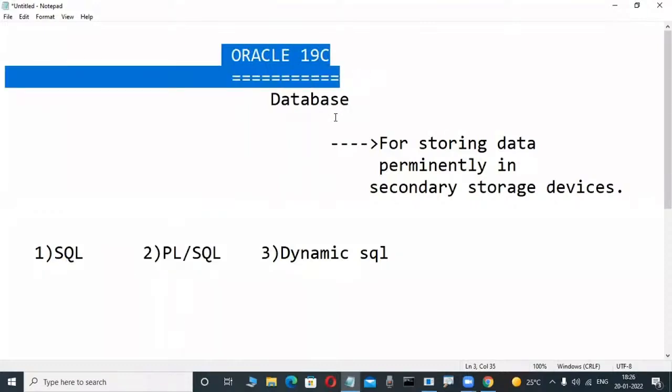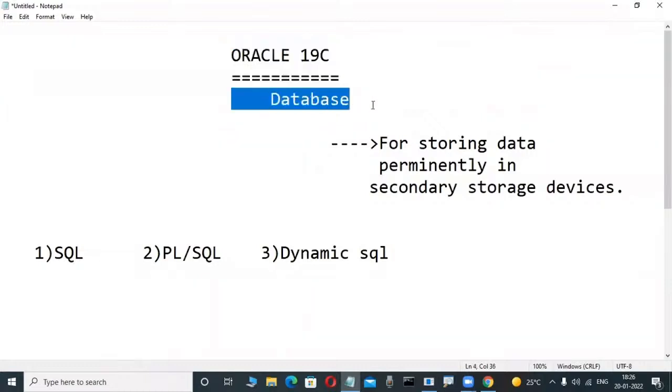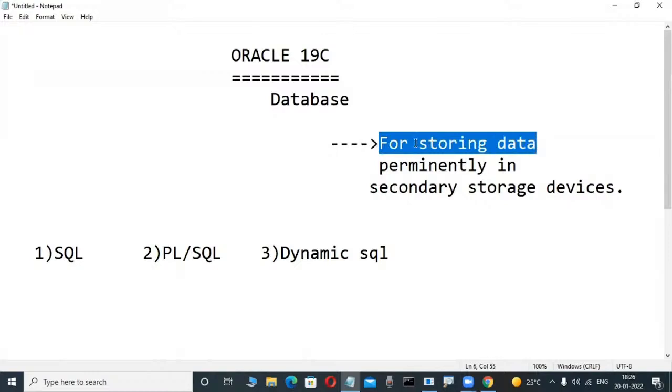Check it out. Unfortunately, many newcomers think database means nothing is there: there is some Java, .NET or Python application with a front end, and the data we enter is stored in the backend for storage purposes only.